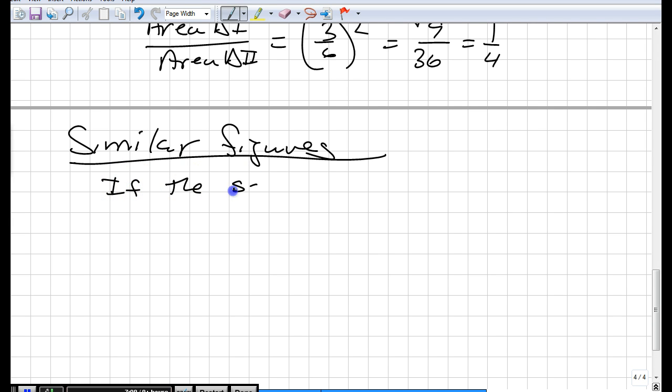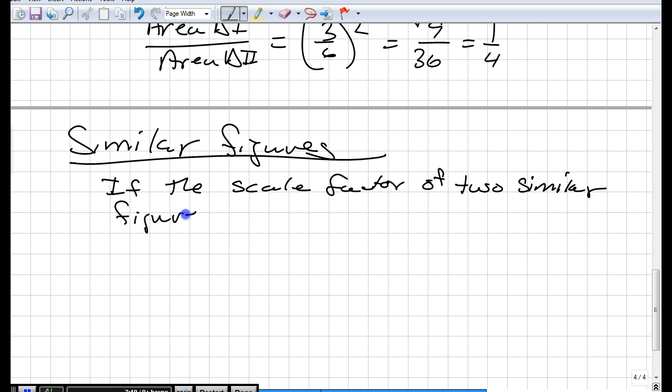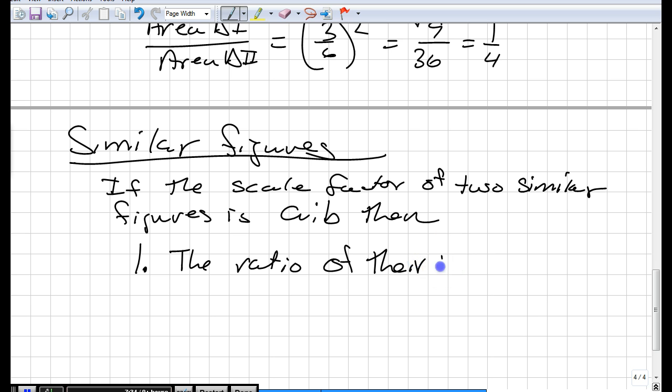If the scale factor of two similar figures is A to B, then the following is always true. The ratio of their perimeters is also A to B. So the ratio of the perimeters is the same as the scale factor.